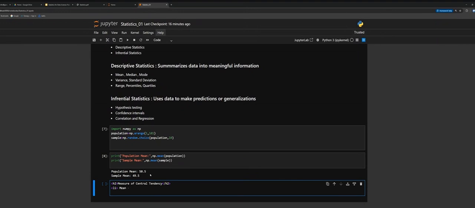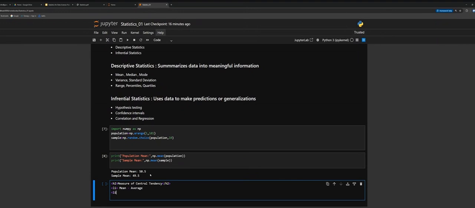What is mean? Average. The other one, median. What does this mean? Median means middle value. The third one is mode. Now what is mode? Repeated value, or you can say most frequent value.